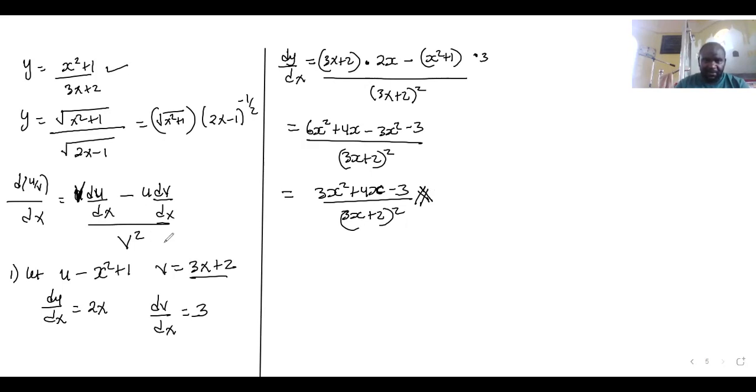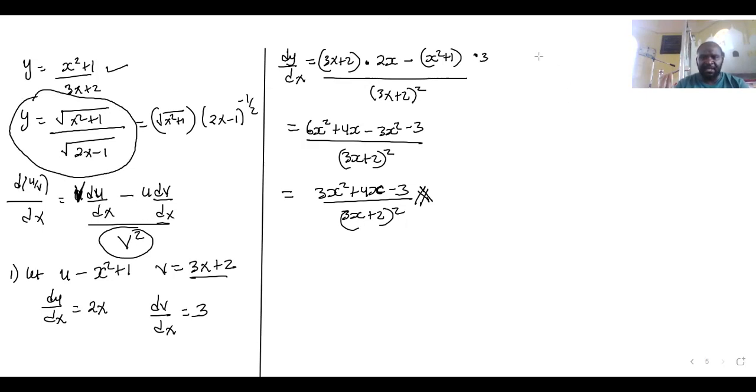Why did you square root the upper part? Why did I square this one? No, this is another number I'm going to do. Oh, okay, it's the second number.